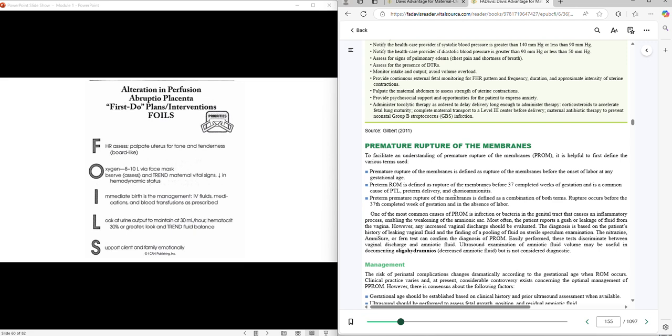That would be considered premature rupture of membranes. Okay, so if it's 36 weeks and 6 days, 36 and 6, that would be considered what? PROM, premature rupture of membranes. Okay, there's different signs that we will see when this happens.